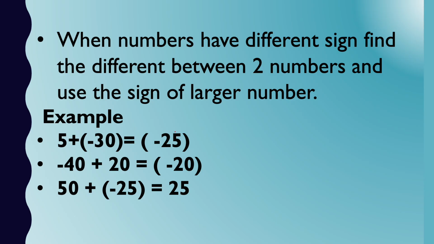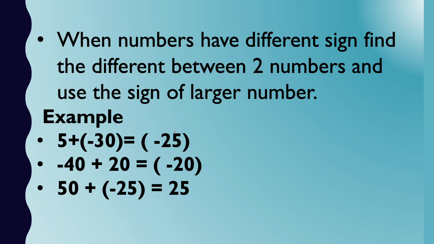It is 20. Now we are going to find out the sign. How are we going to find out the sign? Remember, use the sign of the larger number. What is the larger number here? 40.